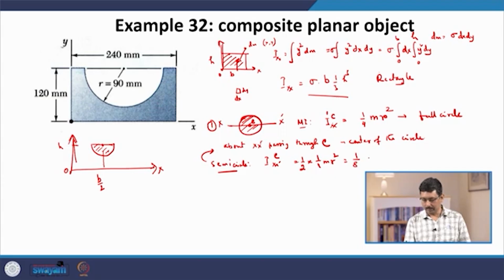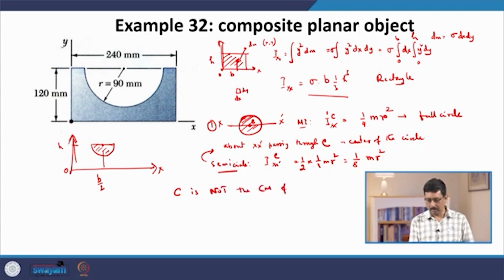So, this is 1/8 m r square. But now C is not the center of mass of the semicircle.